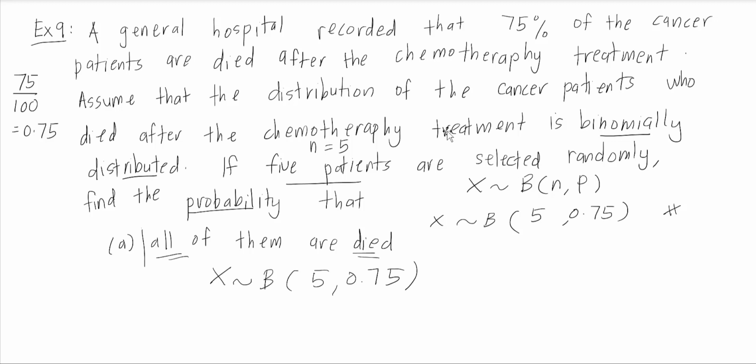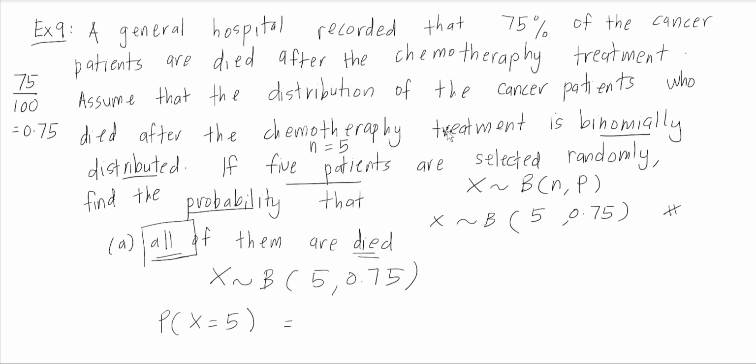All of them died. So what is the value of X? The question asks you to find the probability that all of them died. That means the number of patients is 5 and all of them died, so your X is also 5. So the probability when your X equals 5.